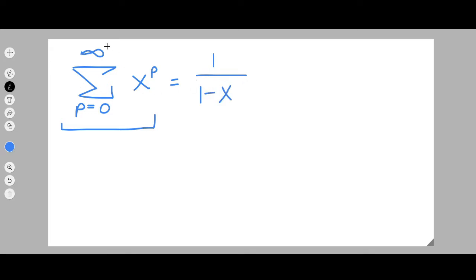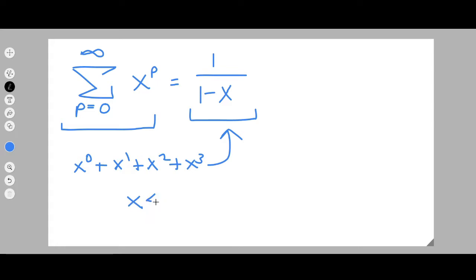So we can write this series as this single term here. x to the p is just x to the 0 plus x to the 1 plus x squared plus x cubed and so on. That would be equal to this thing right here. And it only works when the absolute value of x is less than 1.